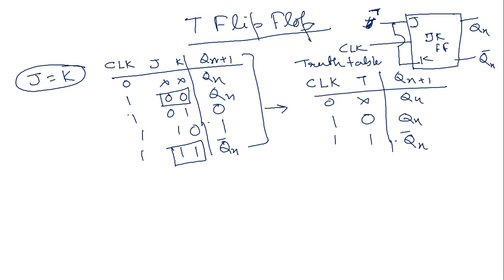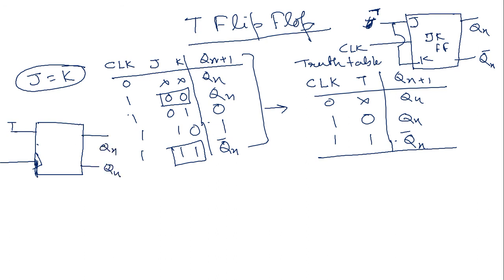So we can draw the block diagram of the T flip-flop. It is an edge-triggered flip-flop, so I can show the symbol of the clock. There is a T input, outputs Q and Q complement, and that is the block diagram of the T flip-flop.